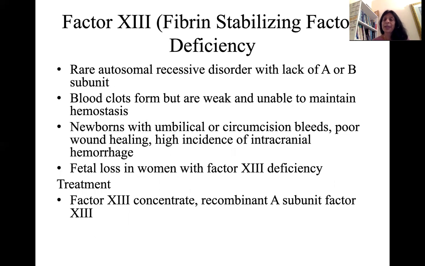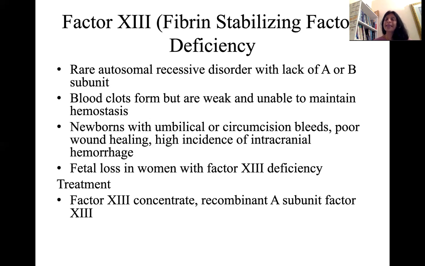All right, so that is about fibrinogen. Now let's talk about factor 13, also called fibrin stabilizing factor deficiency. So factor 13 deficiency, as the name suggests, it's the one that stabilizes the clot once the clot is formed. So if you are missing factor 13, the clot that's made is going to be unstable, okay?